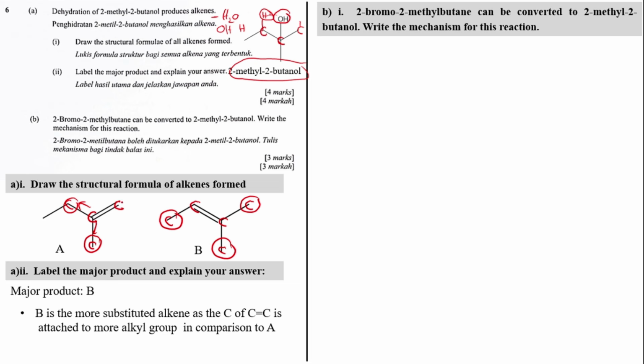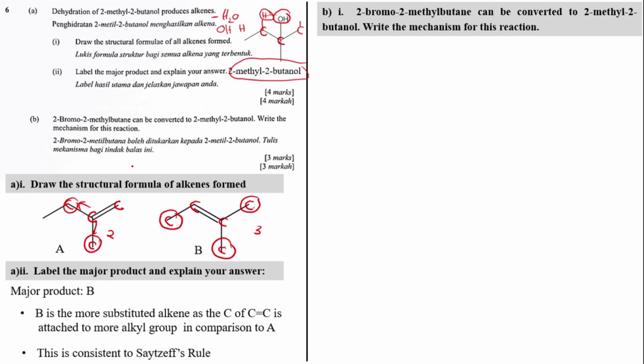Manakala di sini, carbon ini dia tidak melekat kepada apa-apa alkyl group. So in overall, it's going to have 2 attachments. But here, 1, 2, and 3. Okay, so by right, this one will be attached with more alkyl groups and it is a more substituted alkene. And this is consistent with the rule that you have learned, which is the Saytzeff rule. Okay, so you need to mention these 2 explanations here.